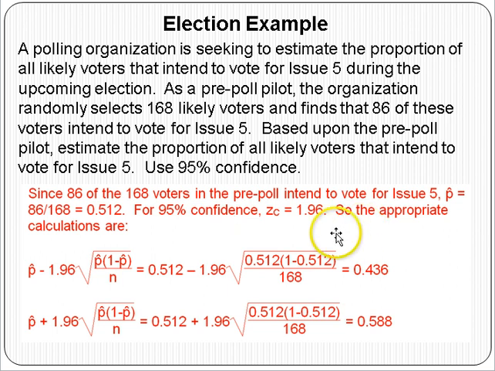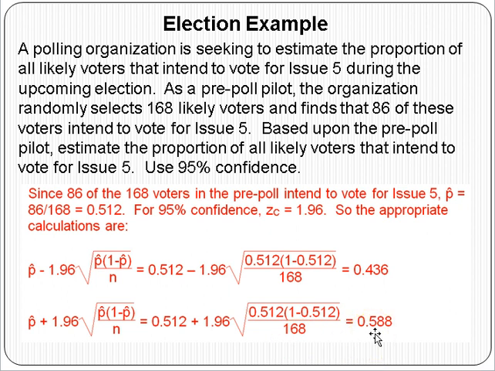So the appropriate calculations are p hat minus 1.96 standard deviations, which equals 0.436, 43.6%, and p hat plus 1.96 standard deviations. And when you do that calculation, you get 0.588.